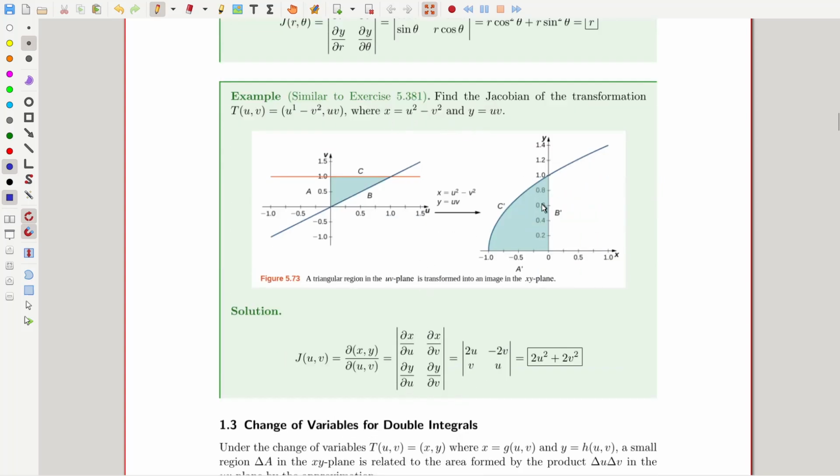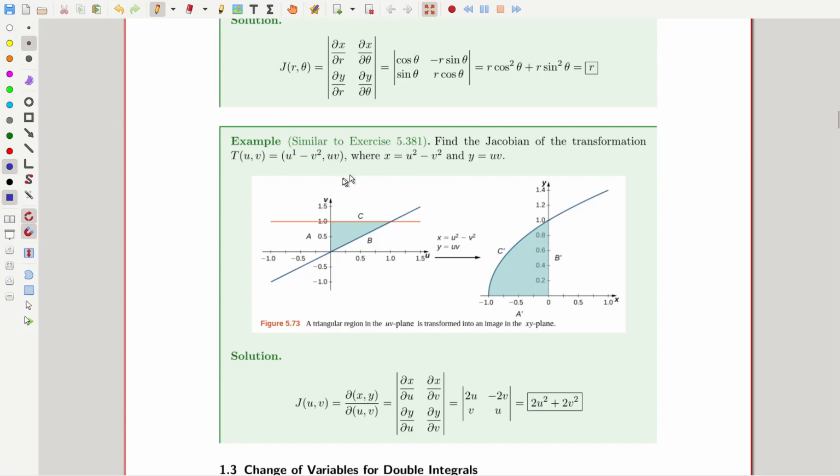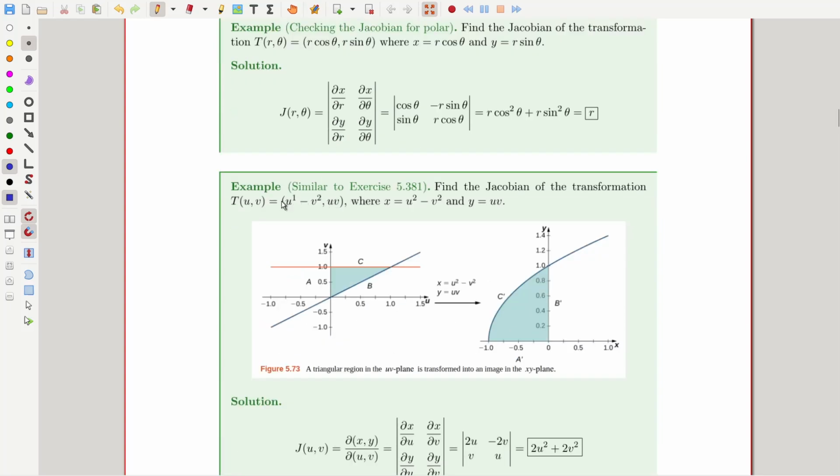But let me just give you an example that looks a little bit closer to your homework problem. So the primary reason for this is that, hold on, I think this should be a squared. Yeah, that should be a squared. So the primary difference here is that I wanted something that involved u and v instead of r and theta, just to not confuse people.